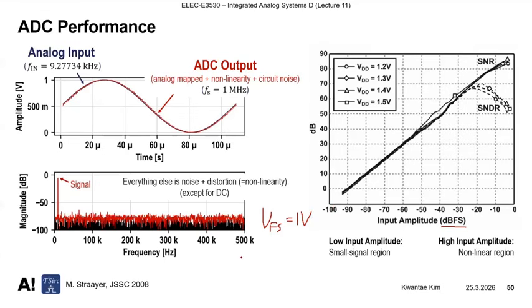Then minus 6 dBFS means 0.5 volt. Just a half. Half means minus 6 dB, right? For minus 20 dBFS, it means 0.1 volt. 20 dB is a factor of 10, right?